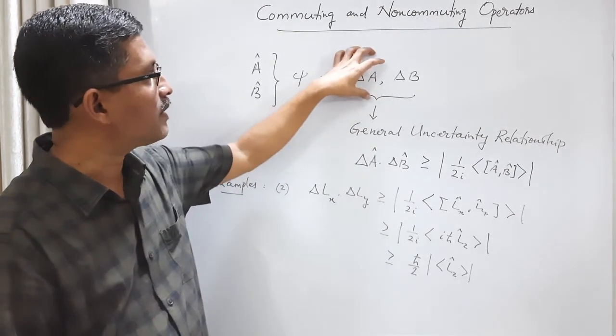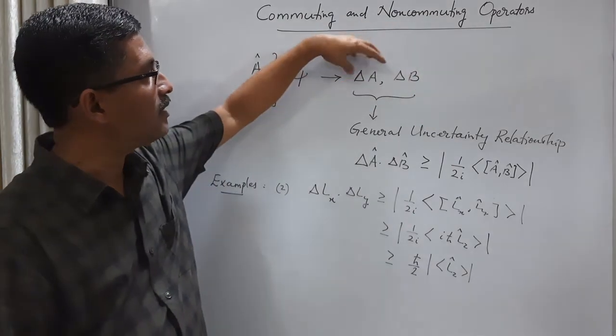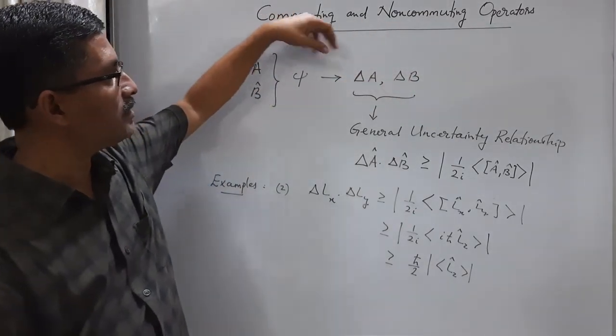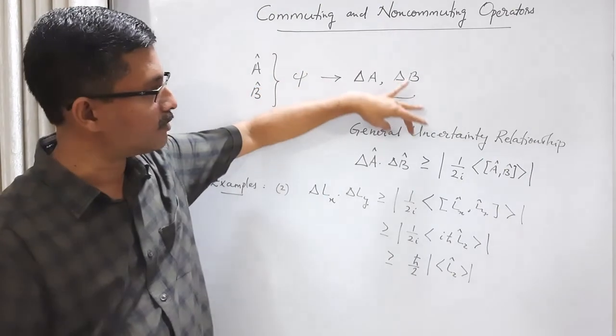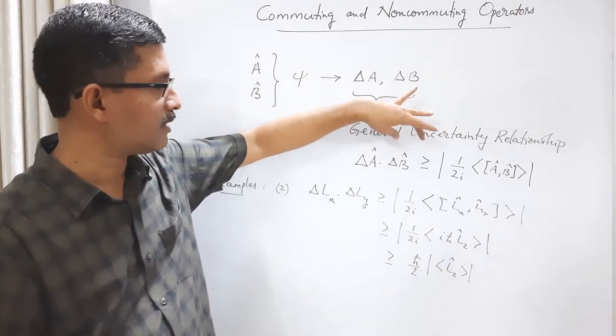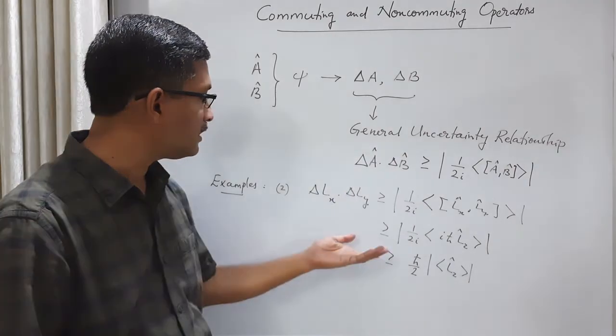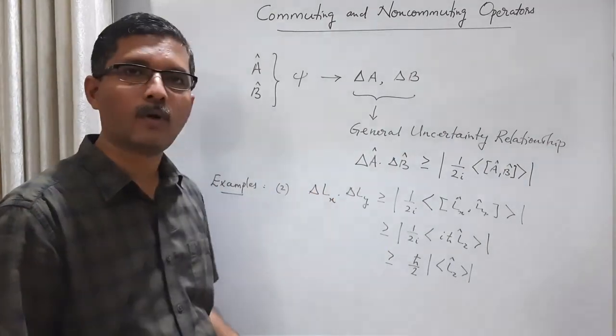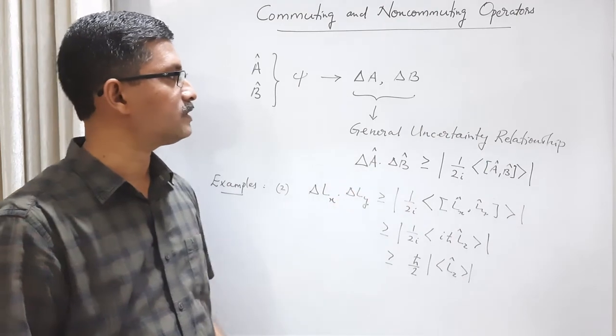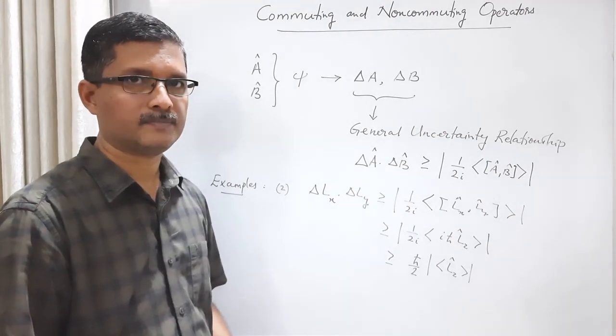There will be a spread in A, there will be a spread in B, and since they are measured in the same state, there is a correlation between them, and this is the correlation, the general uncertainty relationship. And Heisenberg's uncertainty relationship as well as uncertainty relationships between other non-commuting operators are all examples of this general uncertainty relationship. That's all.